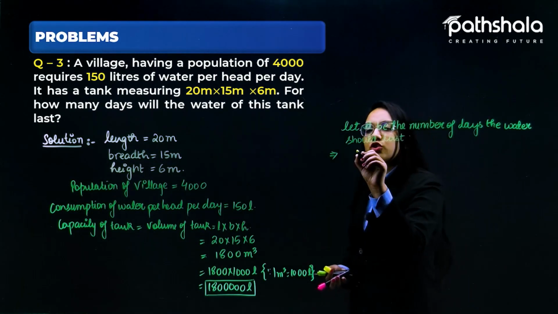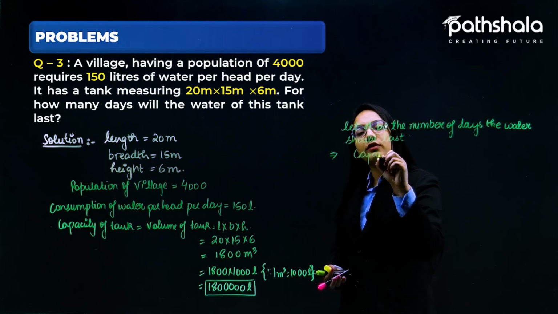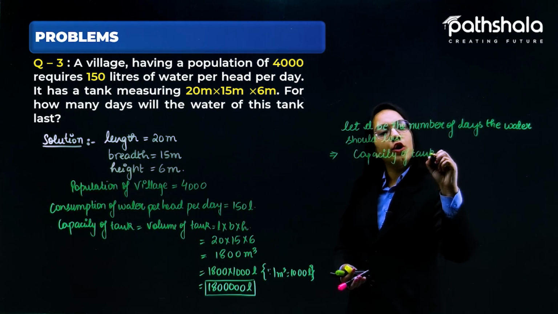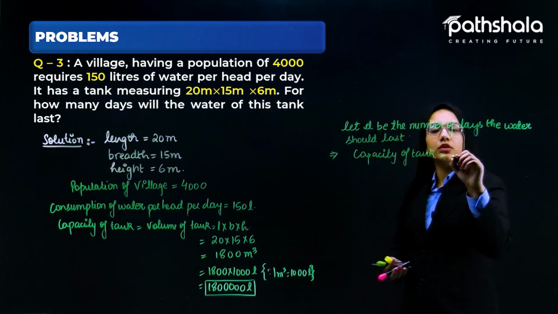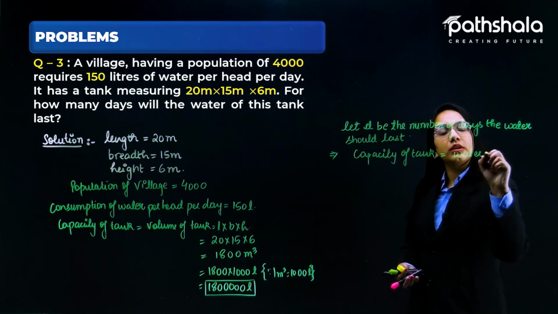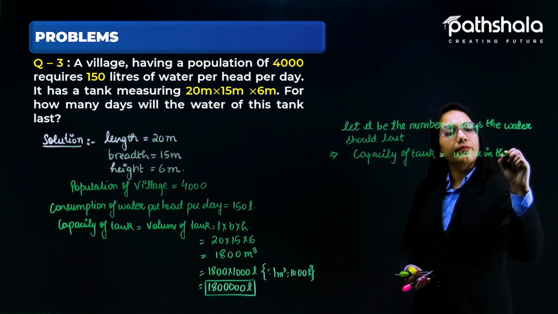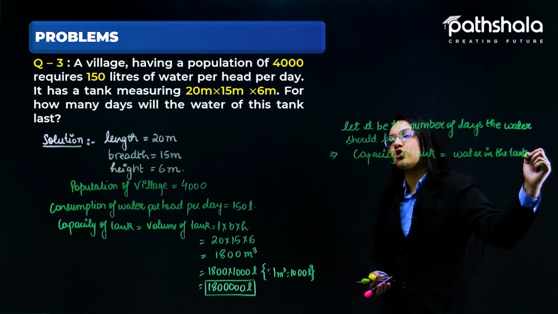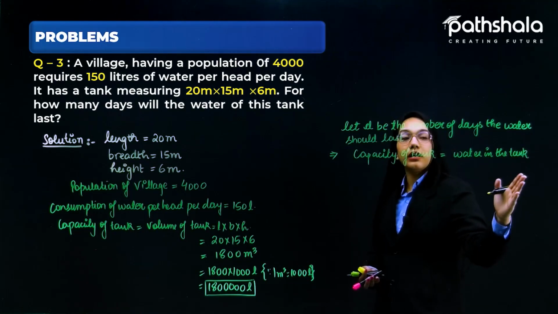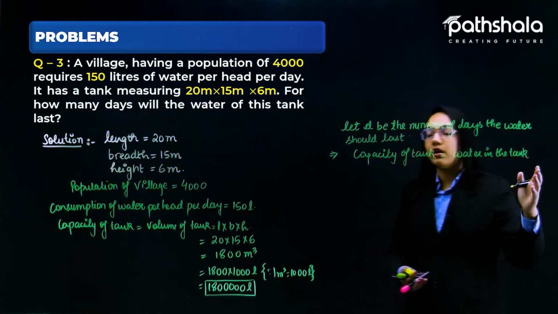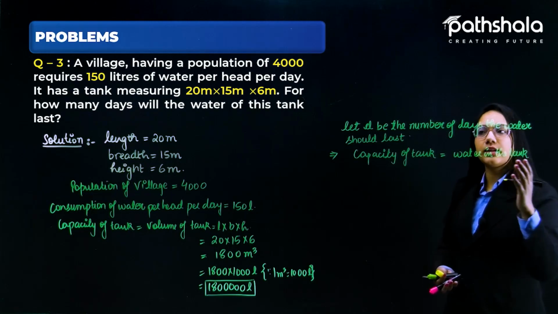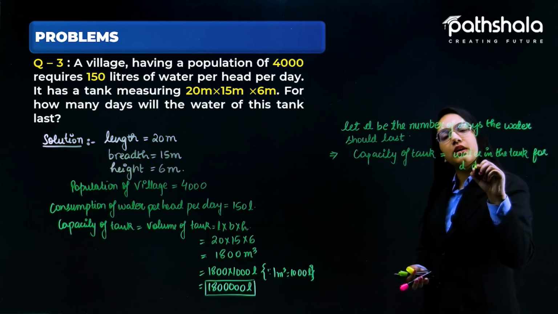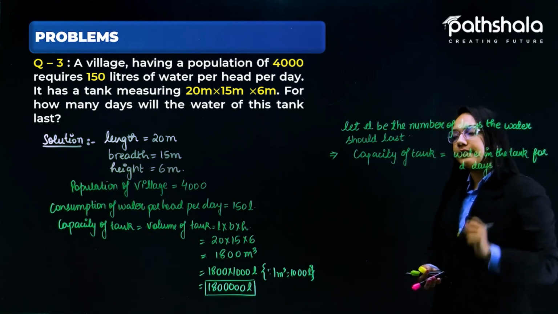First of all, the capacity of the tank should be equal to the water in the tank, or we can say the consumption of the water, for D days.